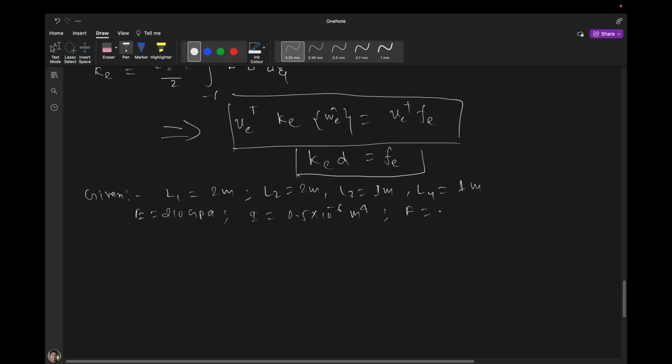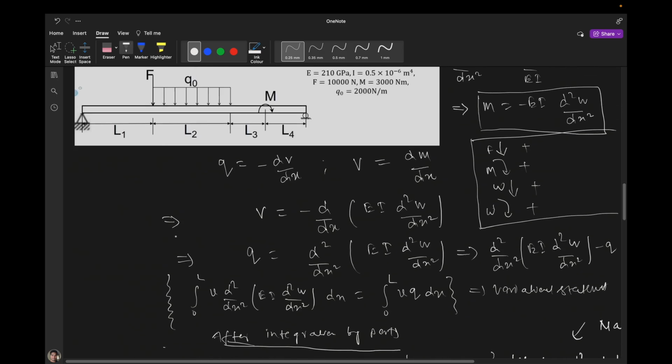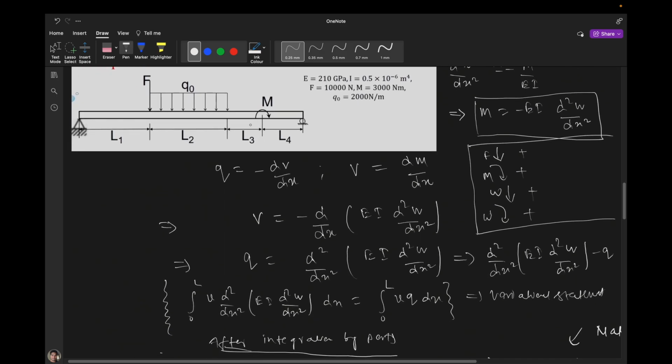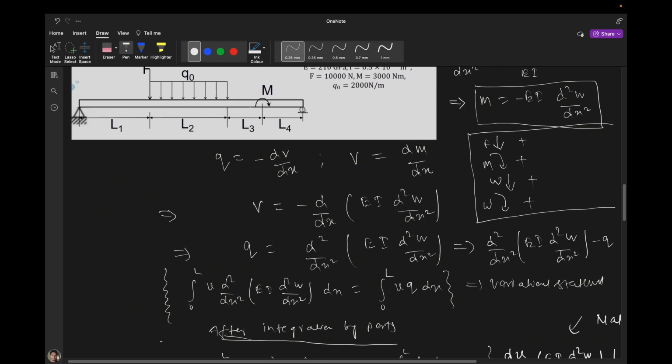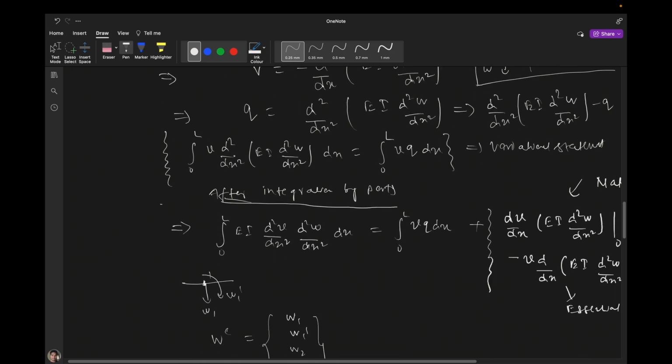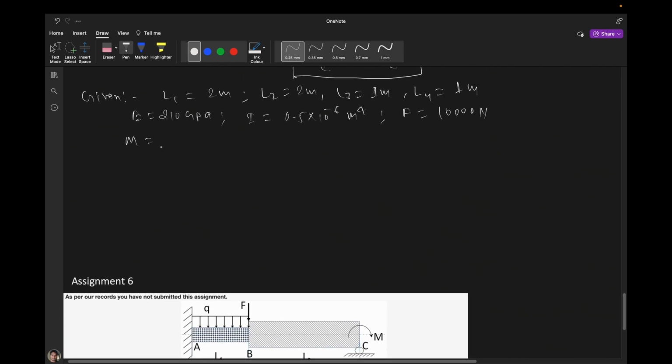F, the concentrated load, was given as 10,000 Newton. A moment was applied at the fourth node, M equal to 3000 Newton meter. A uniform distributed load was also applied, that is 2000 Newton per meter.